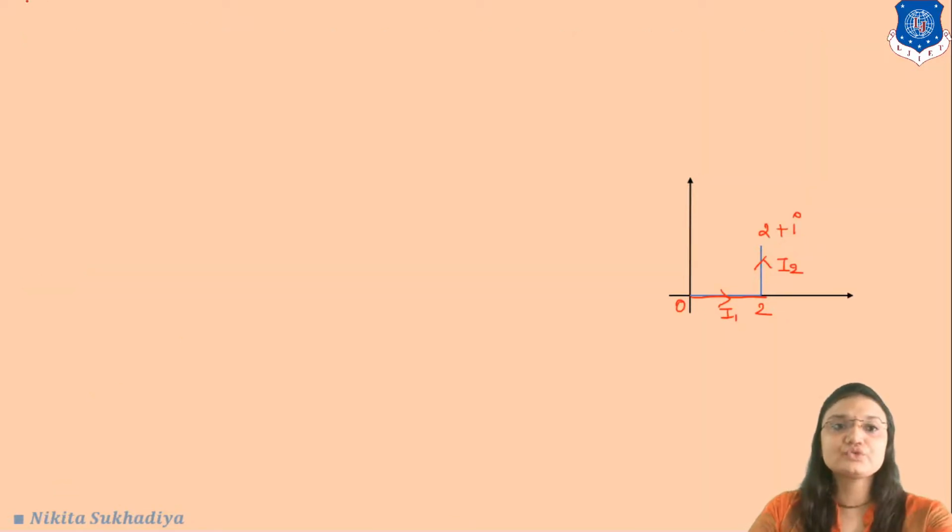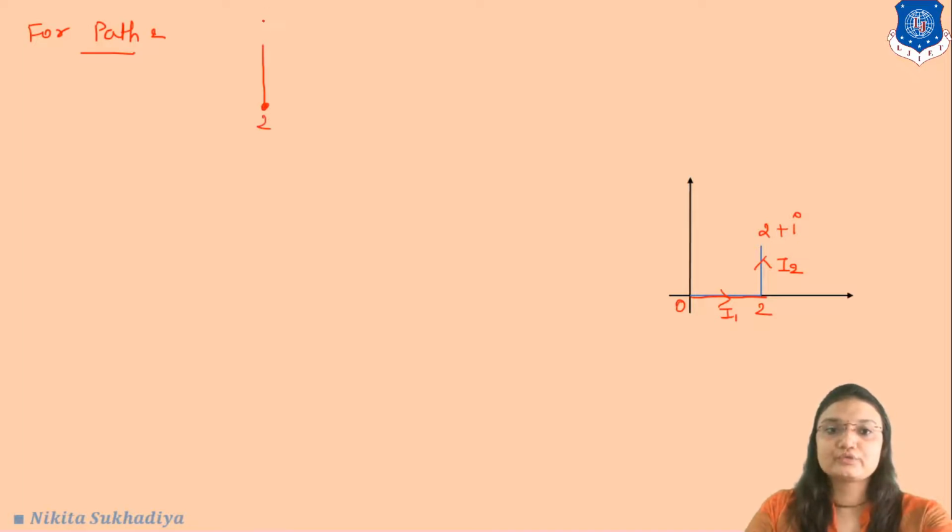Now for path 2, we have a line like this. The line goes up from 2 to 2 + i. Here x = 2 and y = 0, and here x = 2 and y = 1.